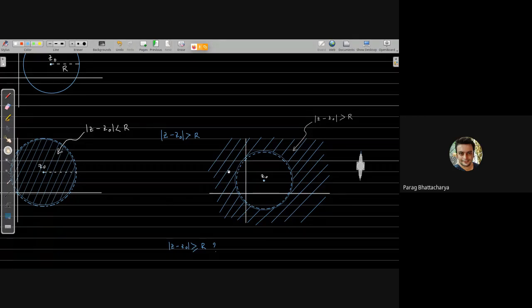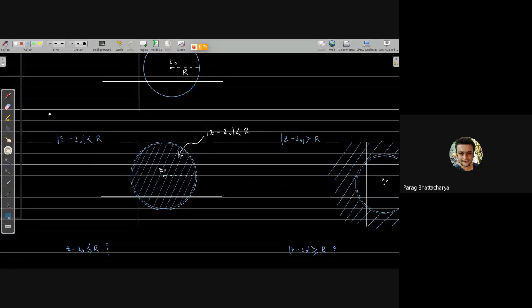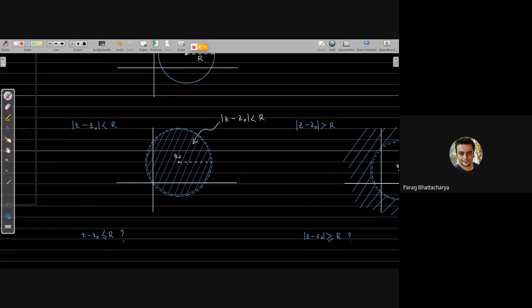So this is points inside and exclusive of the circumference.